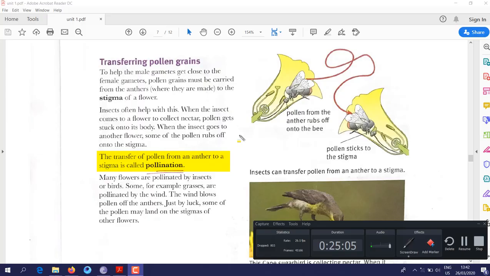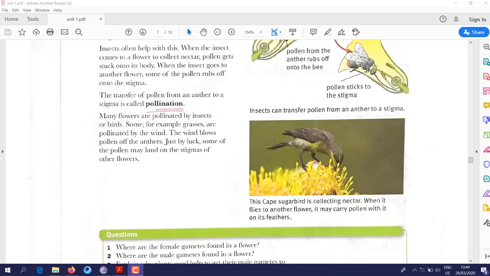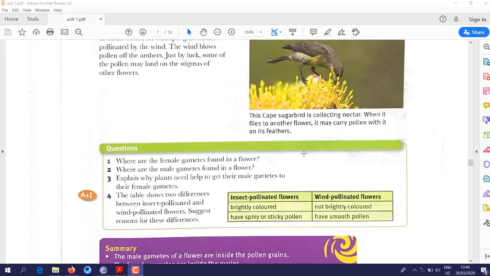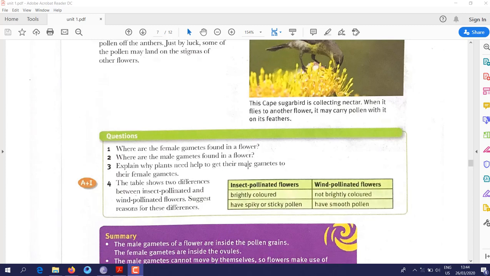During a windy day, some of the pollen will transfer from one flower to another. Or sometimes animals, as you can see in this example, we have a bird. So here are some ways in which pollen grains transfer from the anther to the stigma.